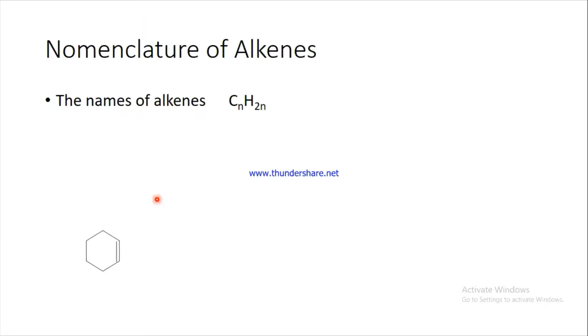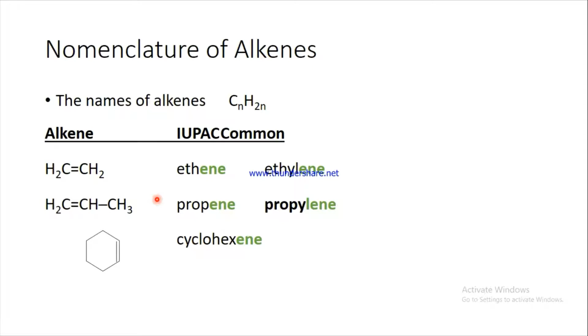So what that means is that if our alkene has, for example, 2 carbon atoms, we take the prefix of the alkane name with 2 carbon atoms, which is ethane, and that prefix is what we use in our alkene name to say ethene.